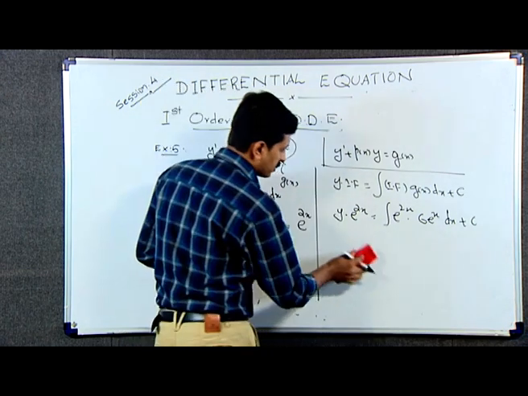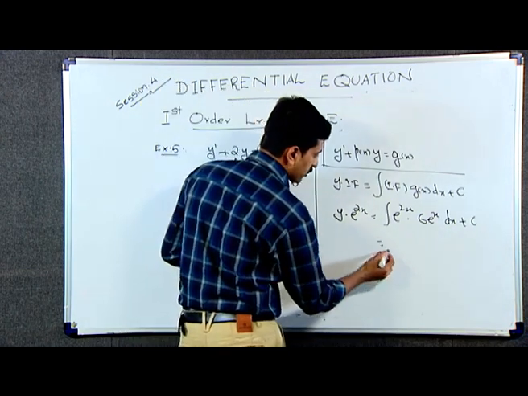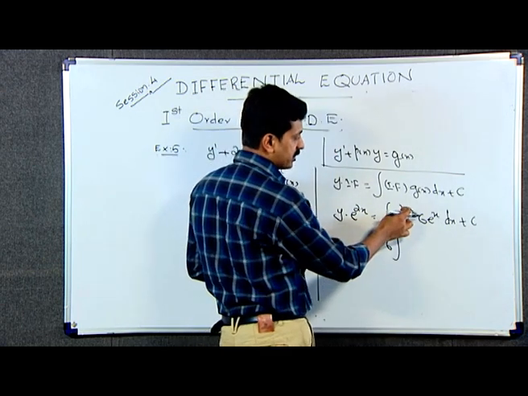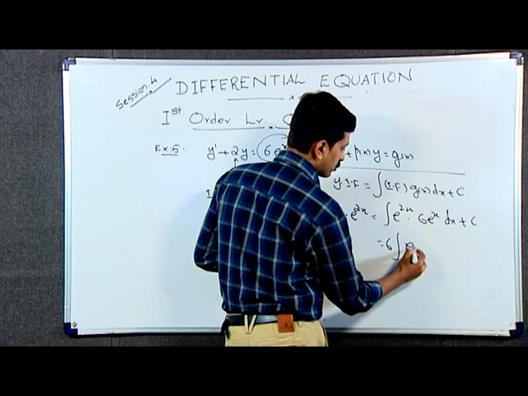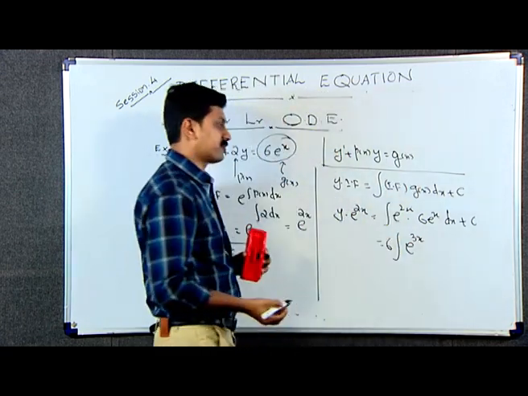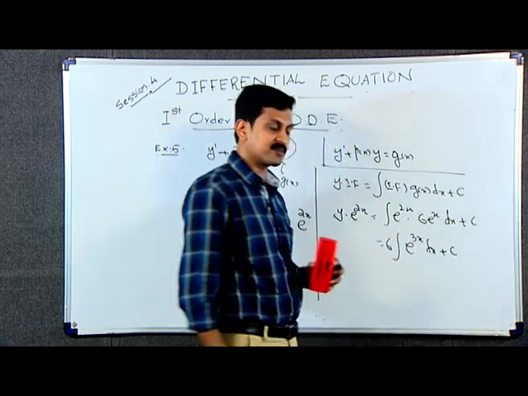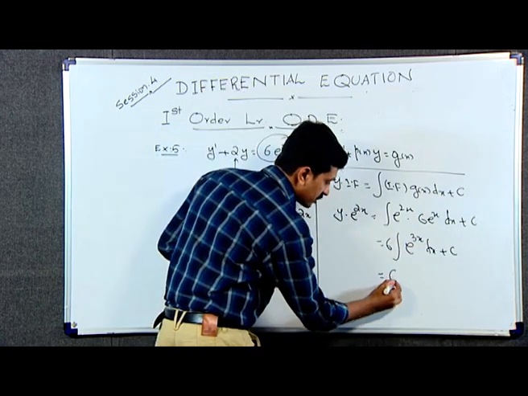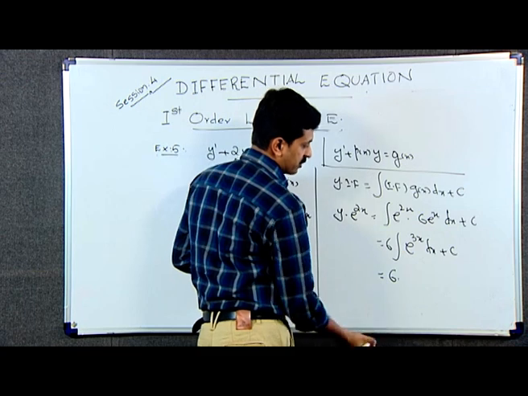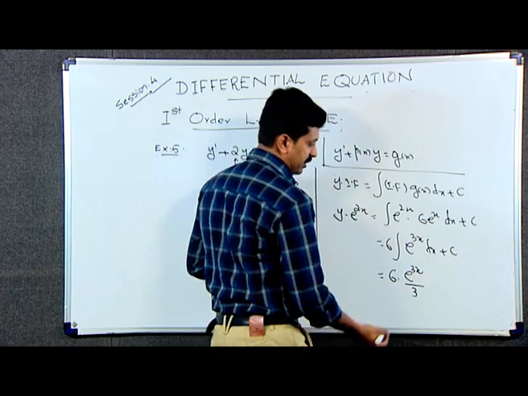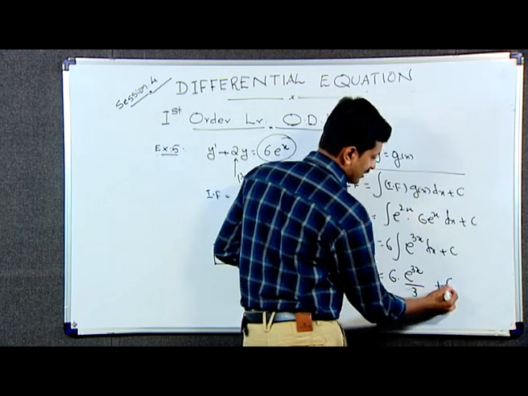Now, this is y e raised to 2x equal to the integral of, we can take 6 out, e raised to 2x plus x, that is e raised to 3x, dx plus c. Now, this is equal to 6 into the integral of e raised to 3x, which is e raised to 3x divided by 3 plus c.